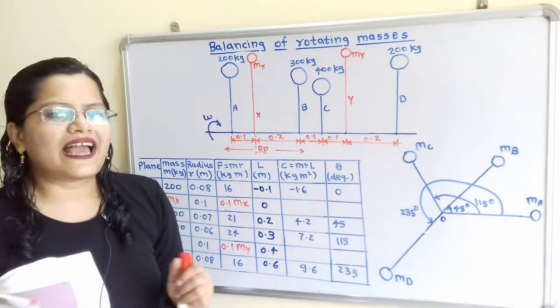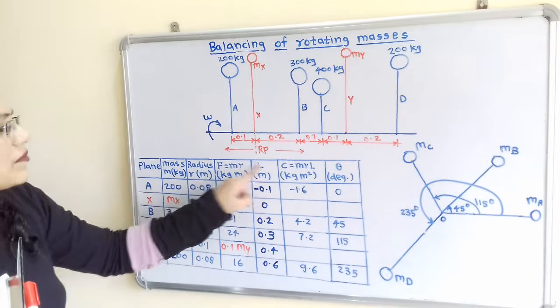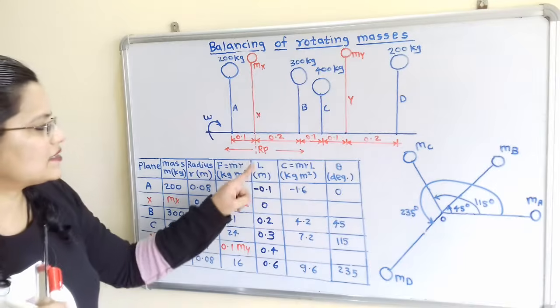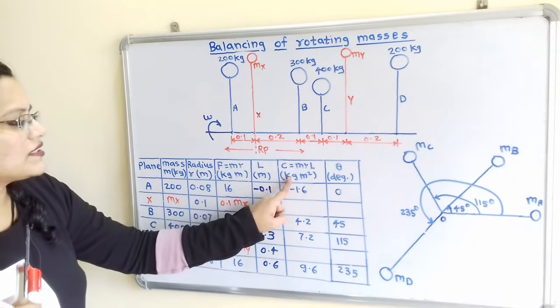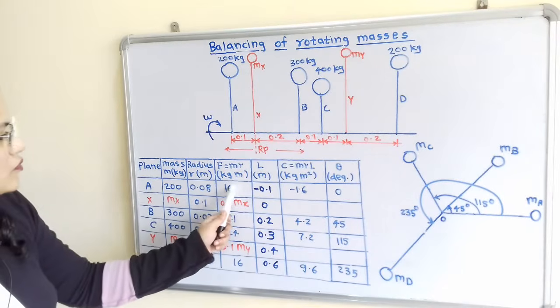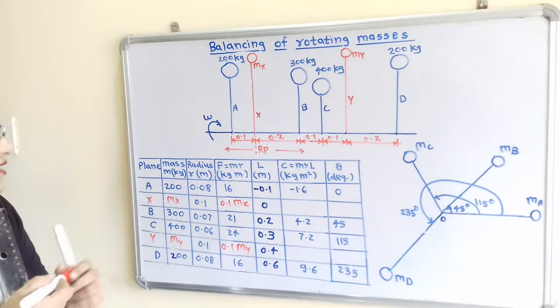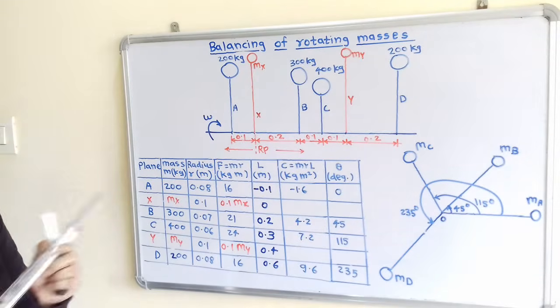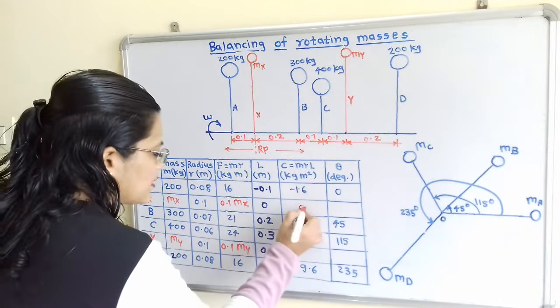Now we will move to calculate the couple. What is the formula for couple? That is this force multiplied by this axial distance between planes, that is L. So mrL, and its unit is kilogram meter square. We just multiply these two columns, that is 16 into minus 0.1, that is minus 1.6. Then the second term is 0.1 mx into 0, that is 0.